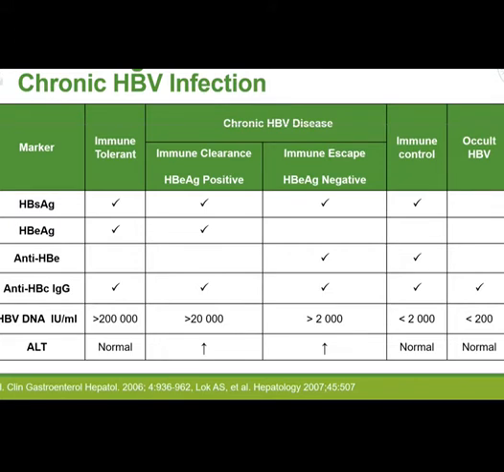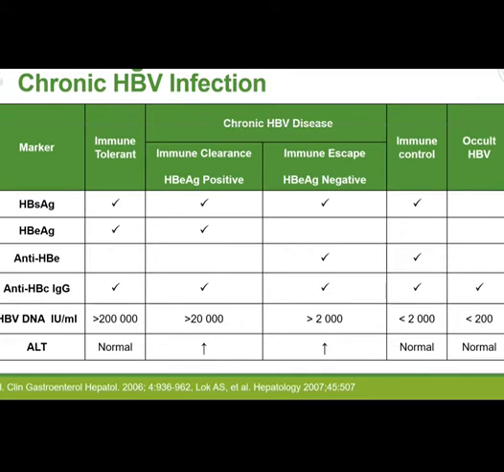Sometimes we come across patients who, when we do a clinical examination, look like a patient with chronic hepatitis. Surface antigen, or viral marker as it is frequently known, is negative. E antigen is negative, and when we do a PCR, usually it shows a very low or undetectable level.